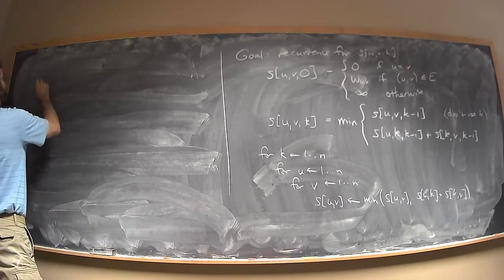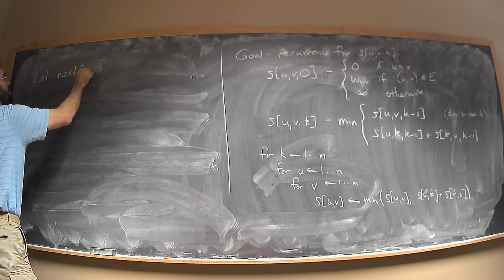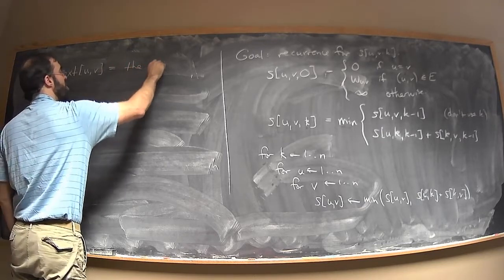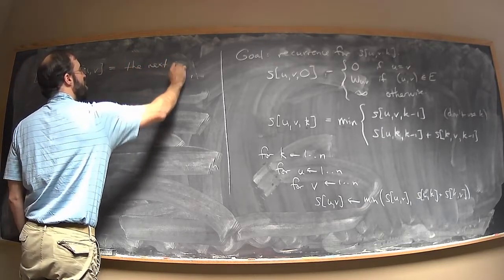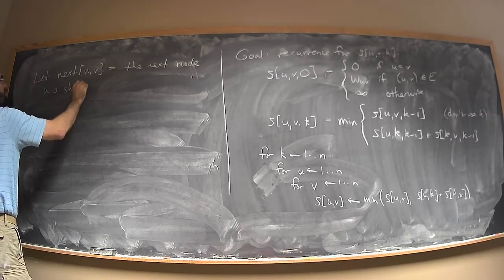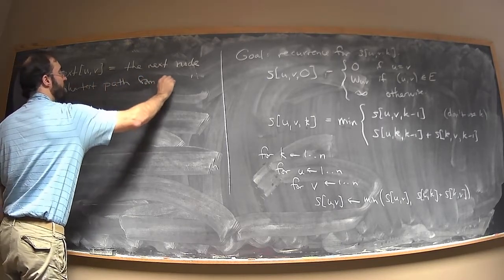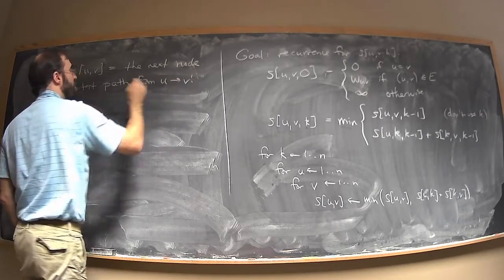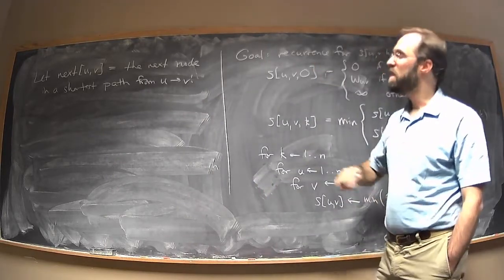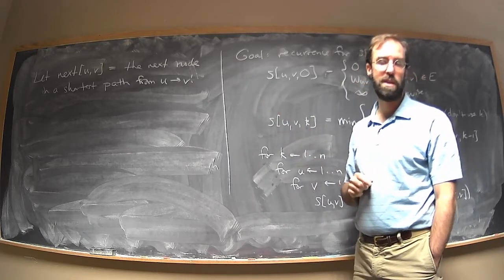So we're going to have, we'll call it next UV, equal the next intermediate node, or the next node in a shortest path from U to V. Okay, and I claim this is going to be enough to reconstruct shortest paths, because if I'm looking for the shortest path from U to V, then I just look up next UV and it says, Q. Right?